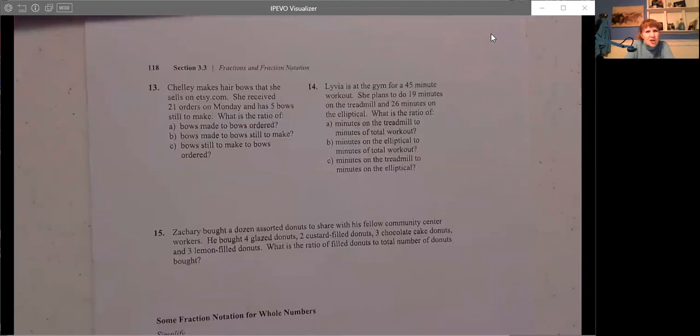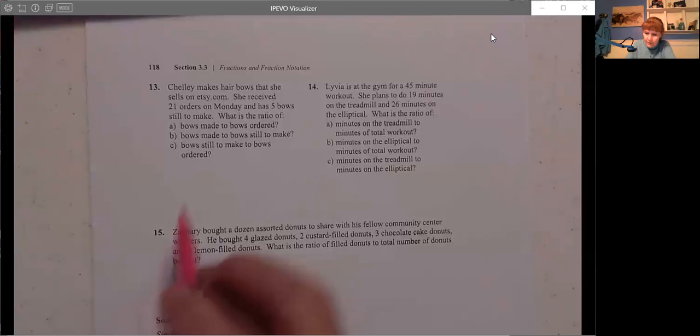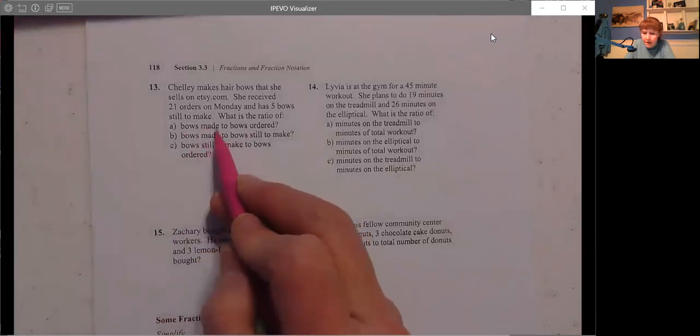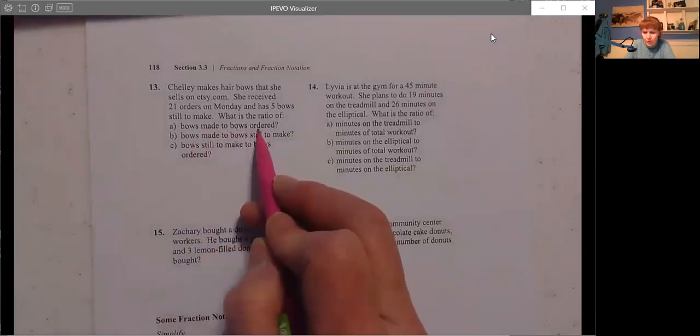Okay, we'll call her Shelly. Shelly makes hair bows that she sells on Etsy.com. She received 21 orders on Monday and has 5 bows still to make. What is the ratio of bows made to bows ordered?